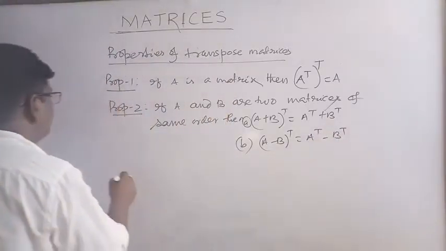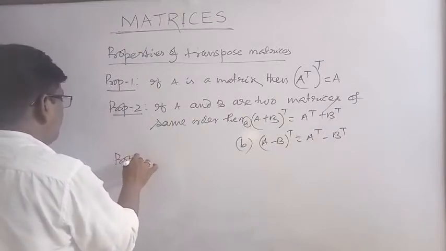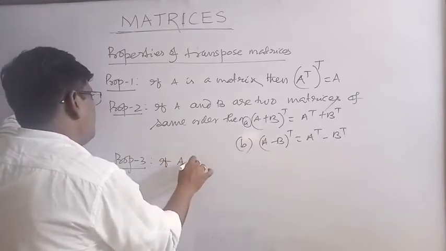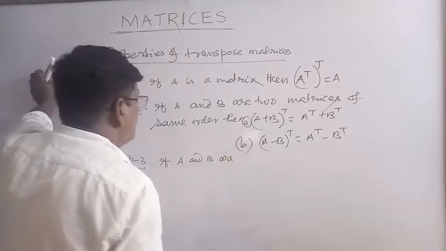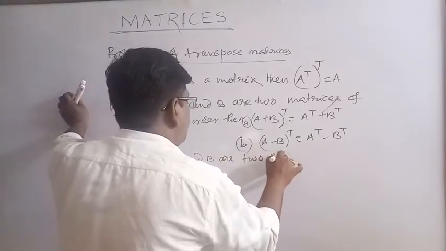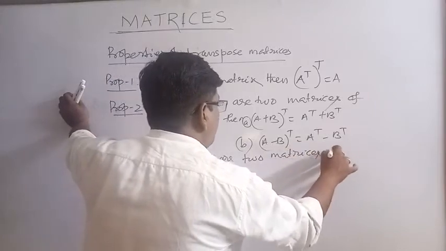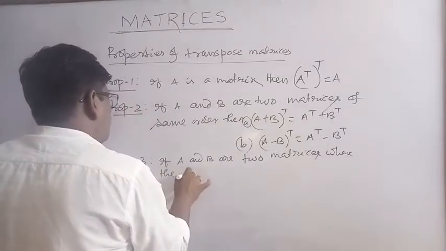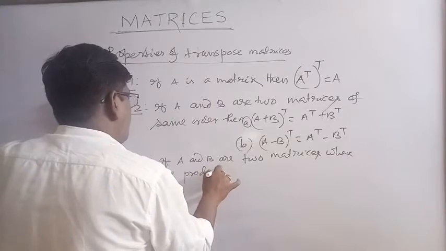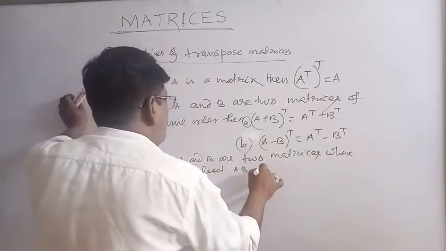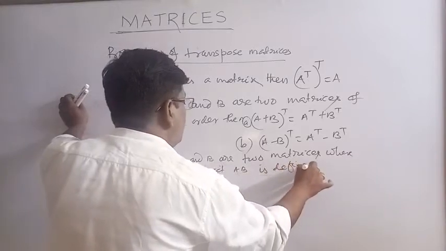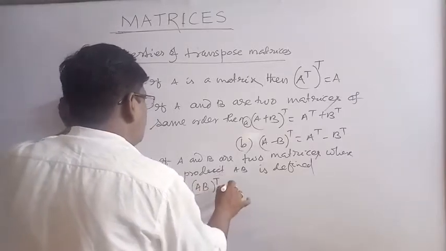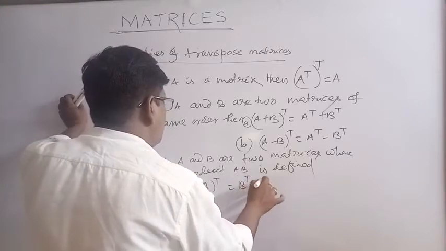Property 3: if A and B are two matrices where the product AB is defined, then AB whole transpose is equal to B transpose into A transpose.